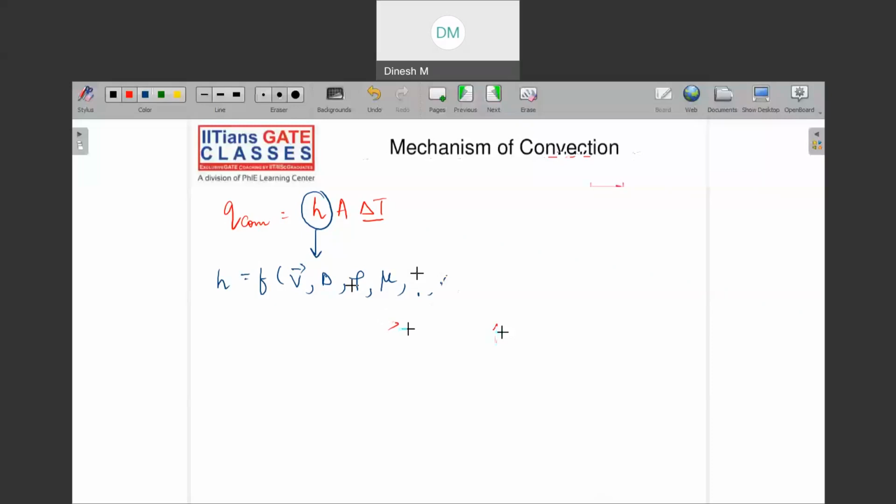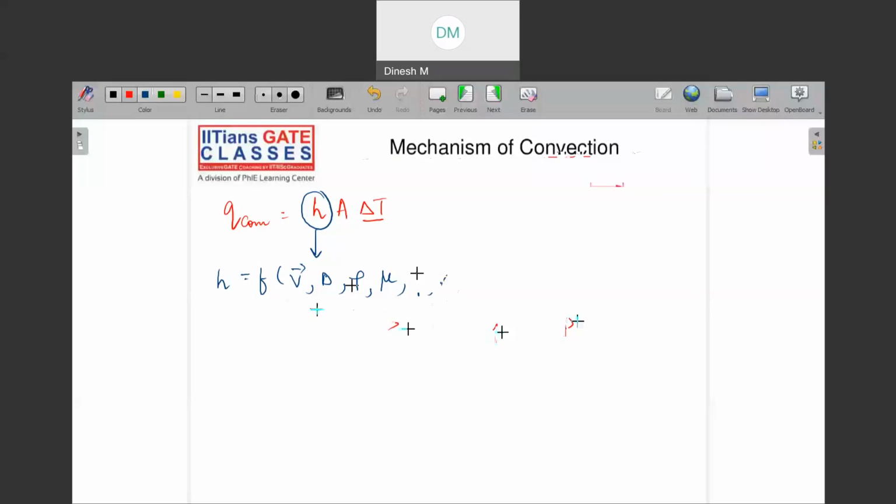Now you will have to find out what this h is, and its dependency on these for a given flow. Then only you will be able to find the rate, because unless you find h, you cannot find q. And h is dependent upon so many factors.